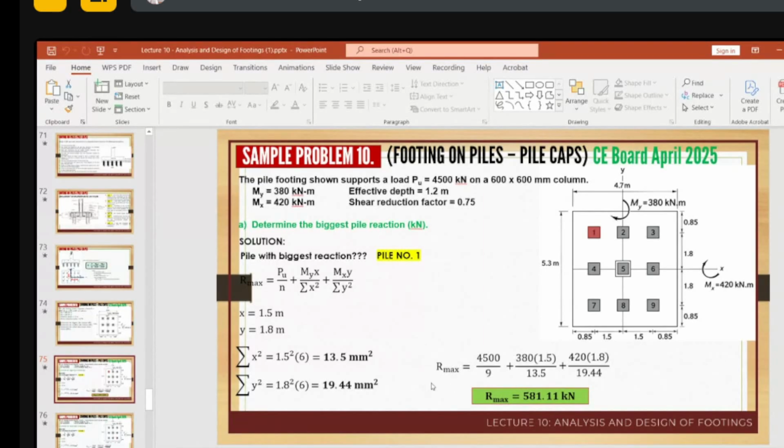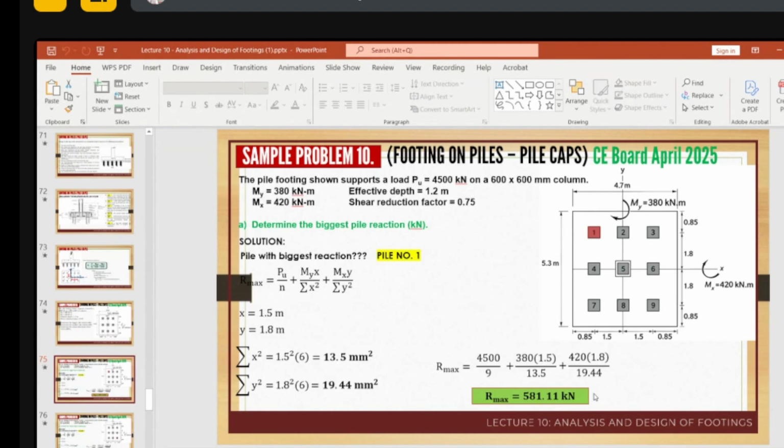To solve for R max, you have 4,500 over 9, since PU is 4,500 and there are 9 piles, plus 380 times 1.5, the My times x, over the summation of x squared, 13.5, and 420 times y, the Mx times y, divided by 19.44, which is the summation of y squared. For My the moment arm is x, and for Mx the moment arm is y.